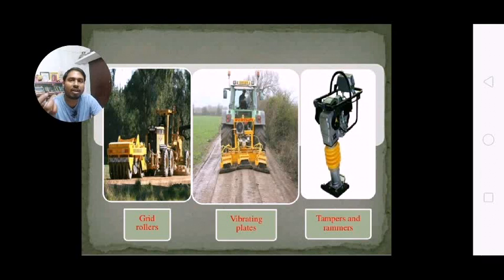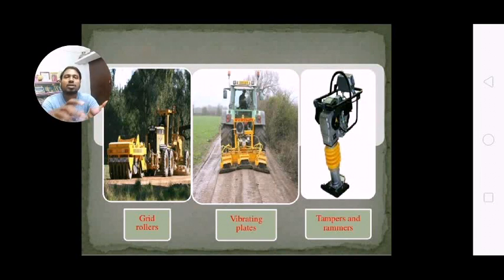To achieve the laboratory density in the field, we generally use different methods of compaction. Like we can use tampers. It may be hand tampers or mechanical tampers. By using these tampers, we compact the field.